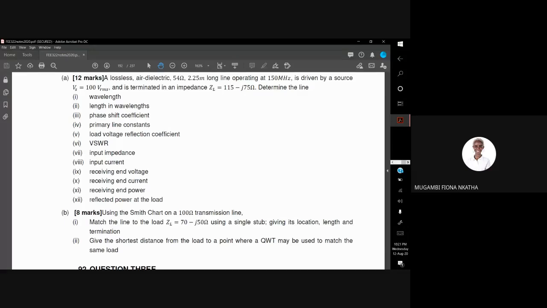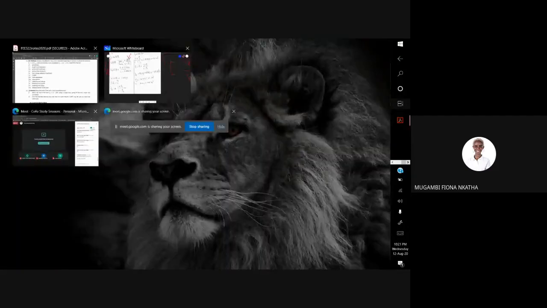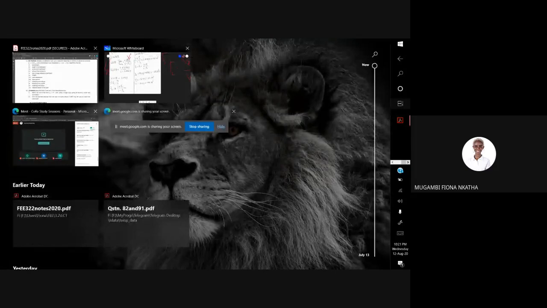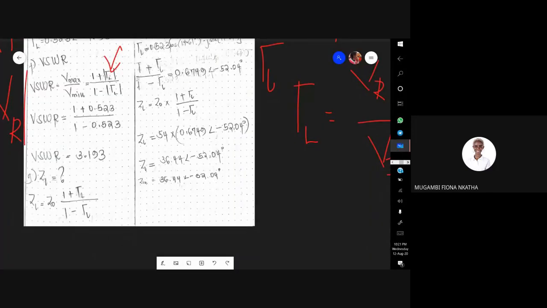Input impedance is just the impedance seen from the source, at any point on that line. That's why we denoted it as Z small l, which is equal to the characteristic impedance times (1 plus gamma L) over (1 minus gamma L).